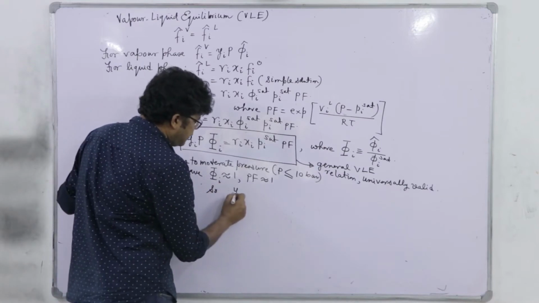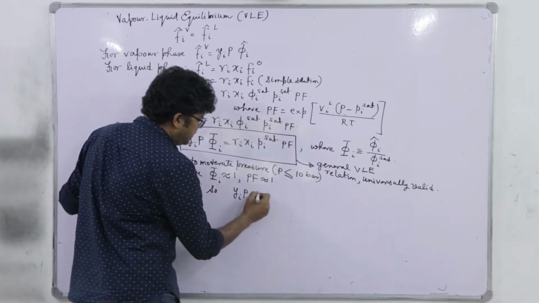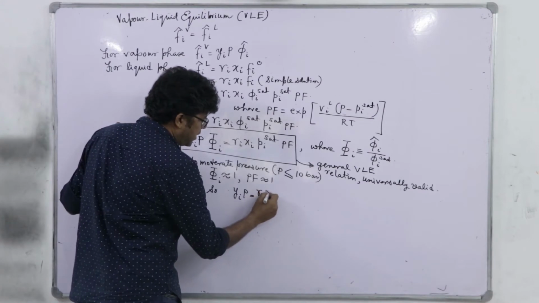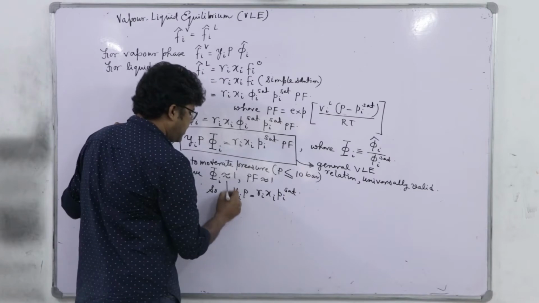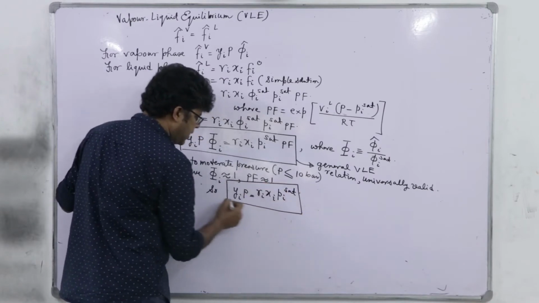So we have yi into P is equal to gamma i into xi into Pi sat, and that's known as modified Raoult's law.